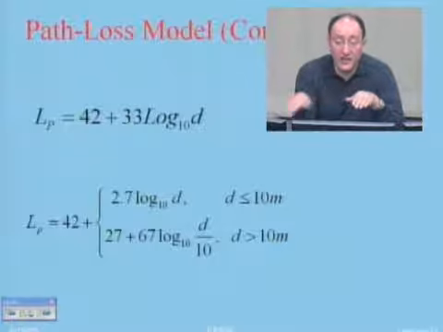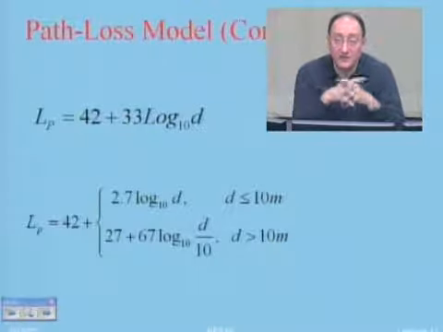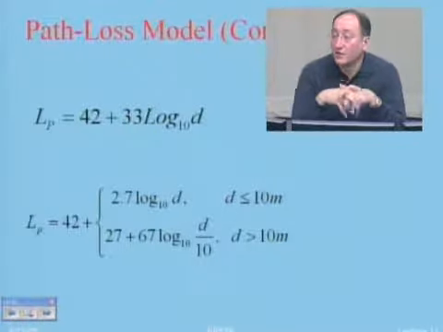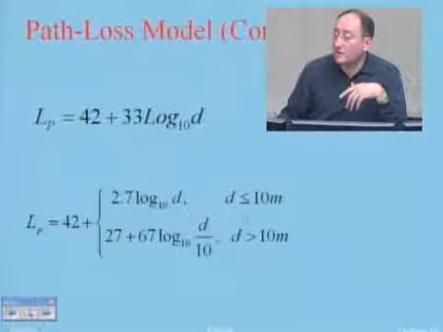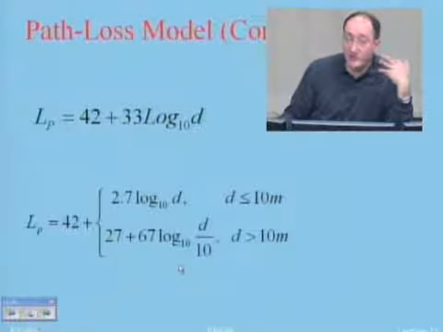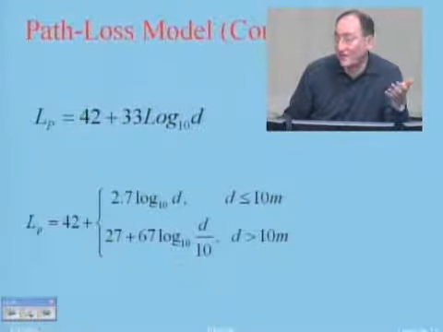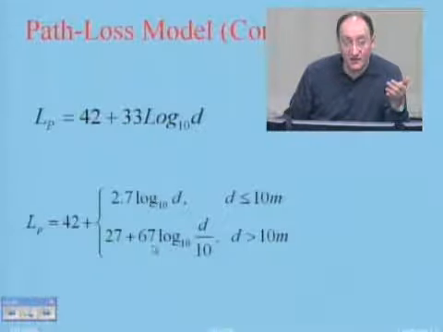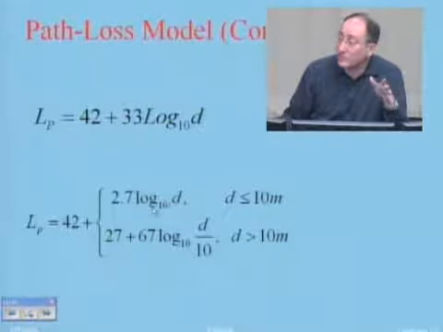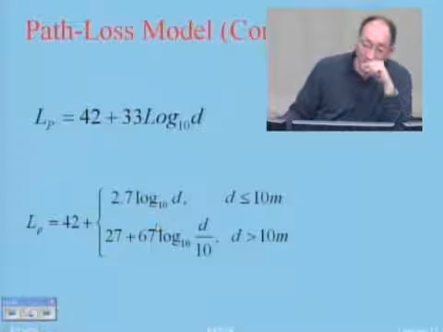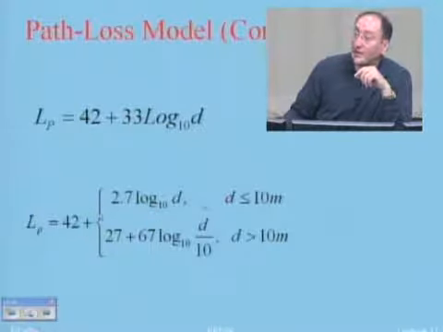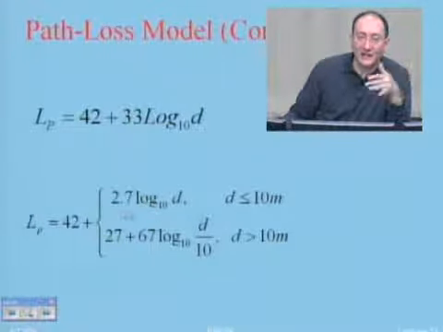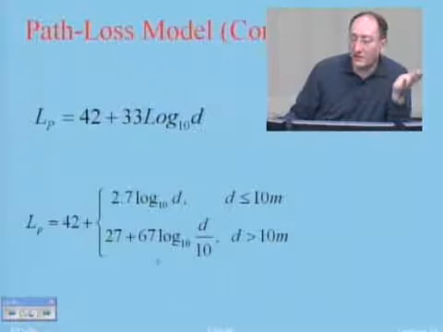If we do one single line fit. So here, after 10 meters, the building is really killing the signal very rapidly. Up to 10 meters, it's okay. You can modify this model, make it up to a wall, and after the wall it could be something like 5.